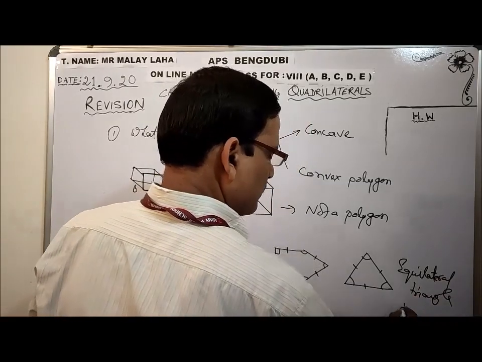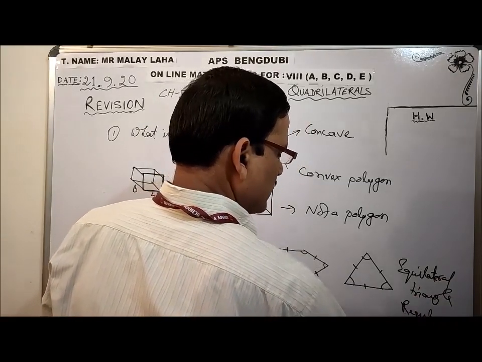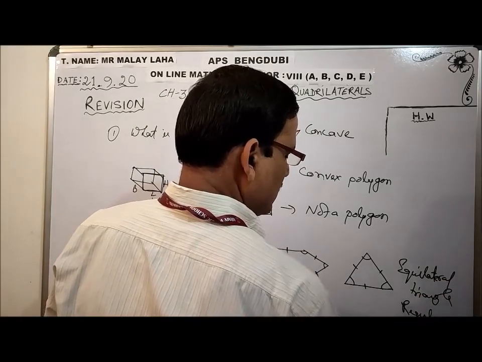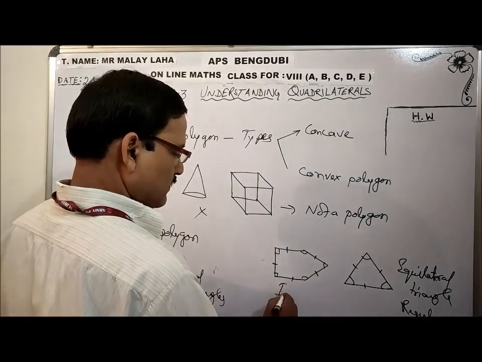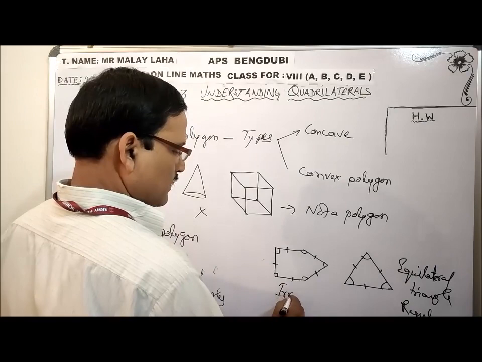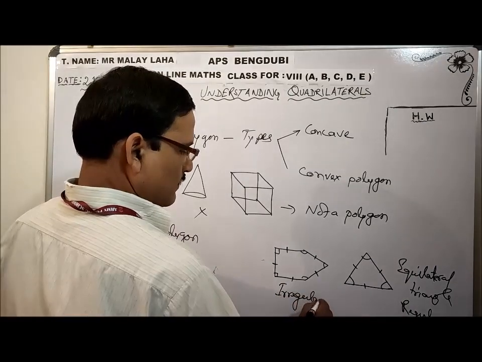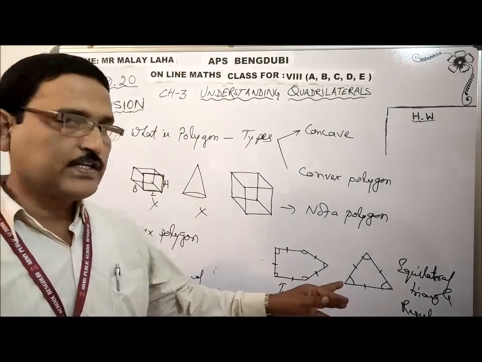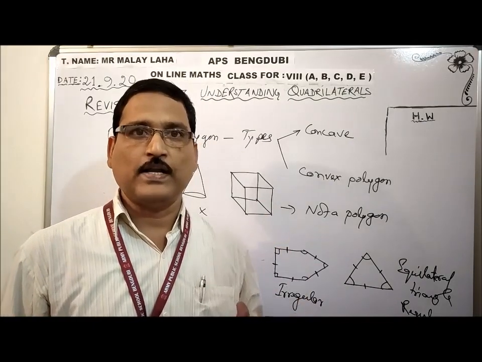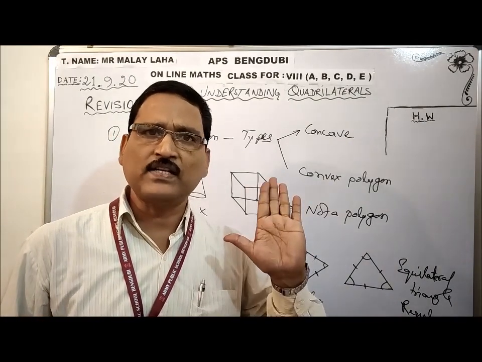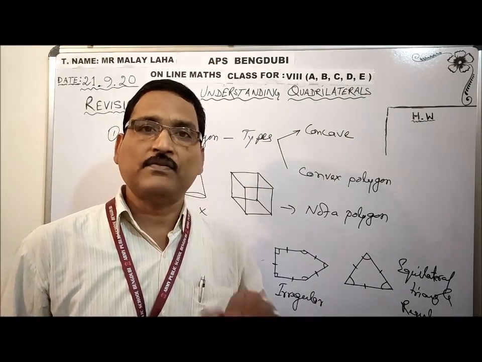Equilateral triangle, regular. The first regular convex polygon is the equilateral triangle. Understood?